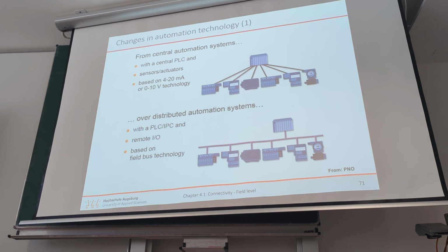Okay, so we basically started in the automation system with just a central PLC, and everything was connected to it. And because cables are expensive and very inflexible if you want to change something, we went from central to distributed automation.